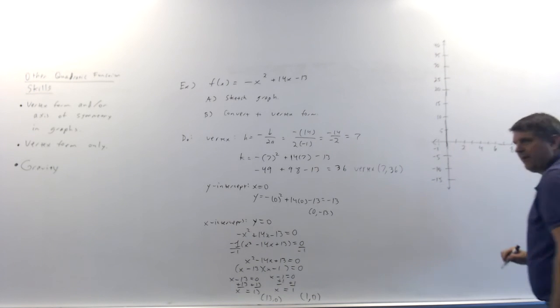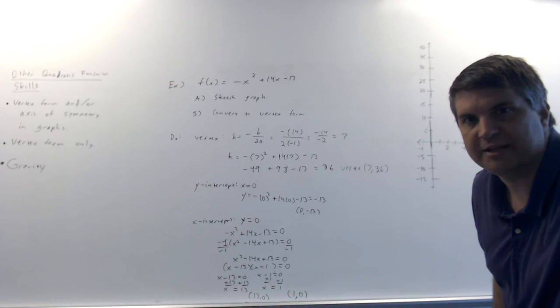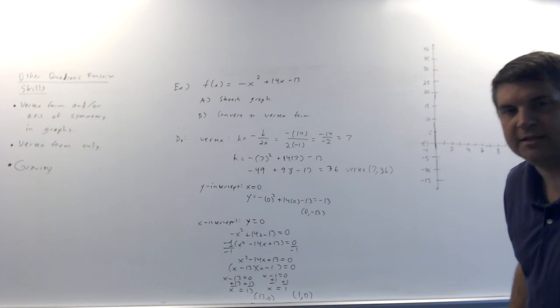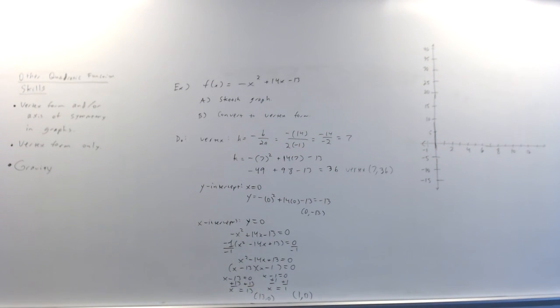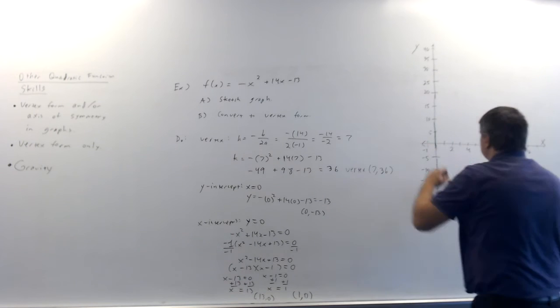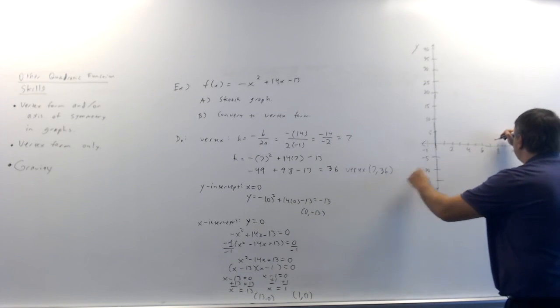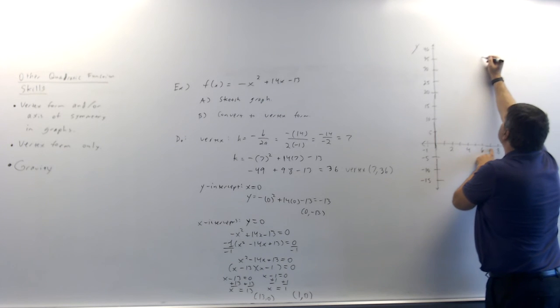Okay, so my spread is covered, especially if I zoom this out and angle it a little bit. This is x, this is y. All right, so I have the vertex, 7 and a smidge above the 35.